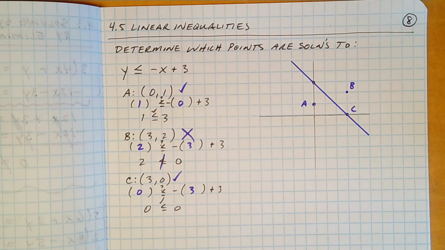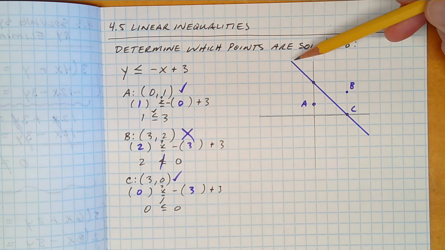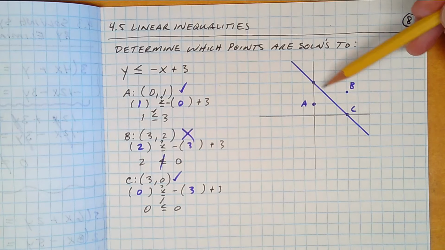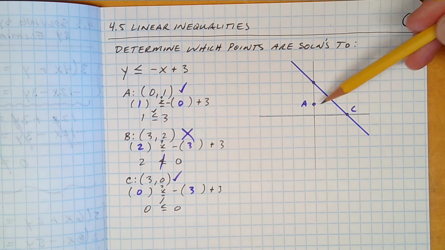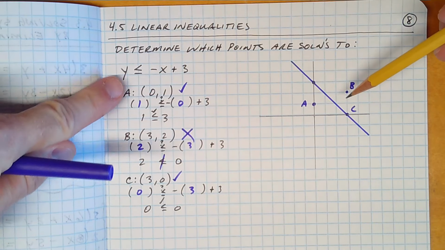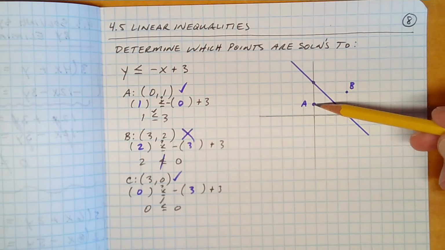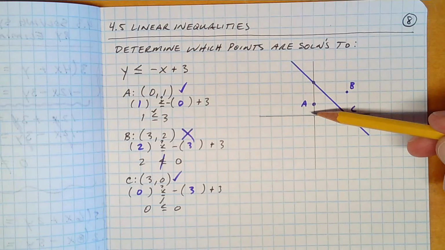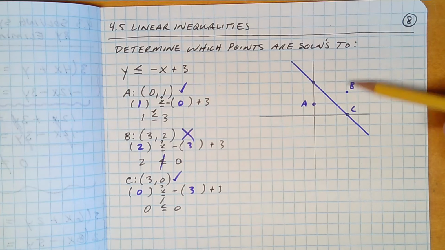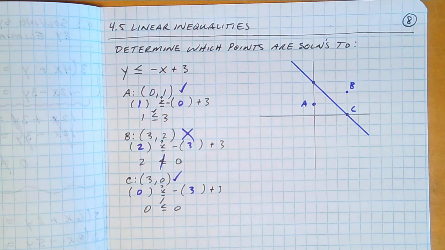Okay, I have a graph of the line y equals negative x plus 3 drawn right here. And I have points A, B, and C from over here on my graph. And you can see that A is on the lower side of the line, B is on the upper side of the line, and C is actually on the line.